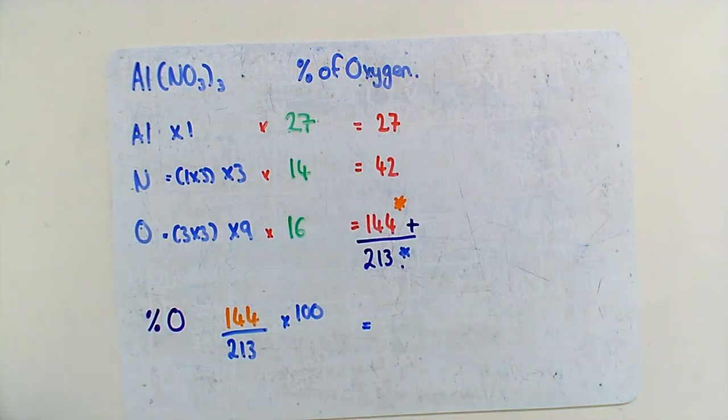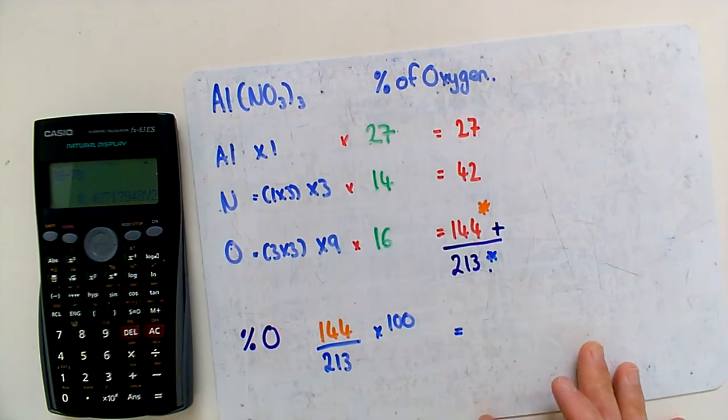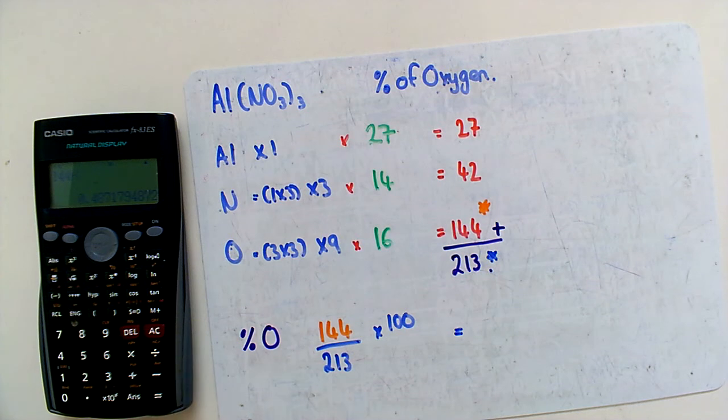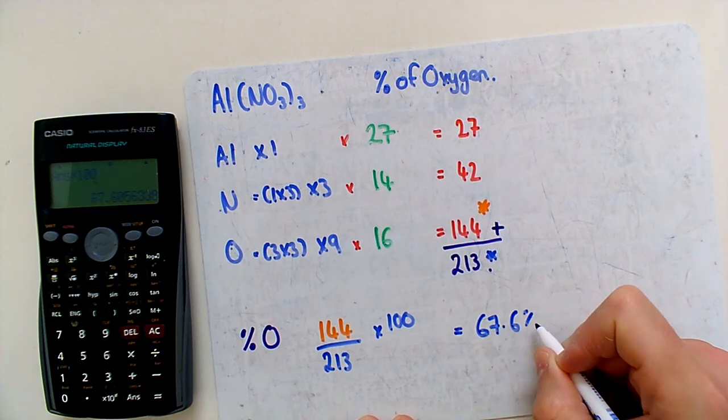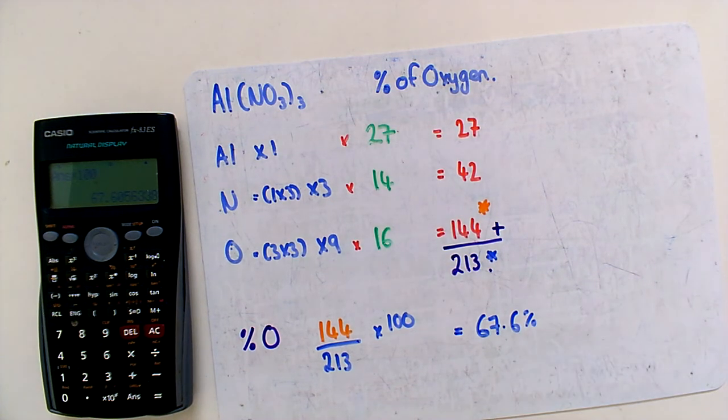And when we do that, I've got my calculator out again, 144 divided by 213, and then I multiply by 100, and I get 67.6%.